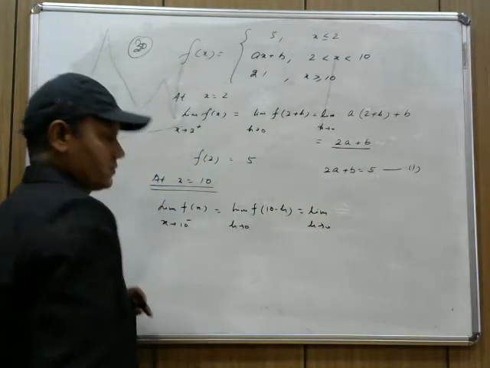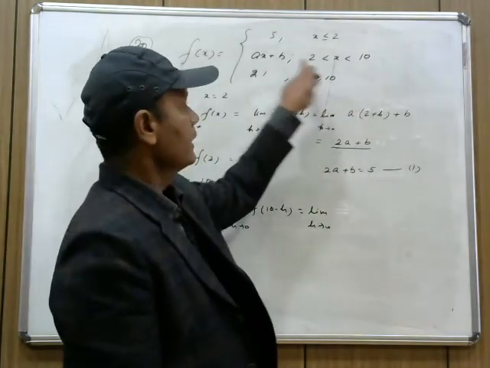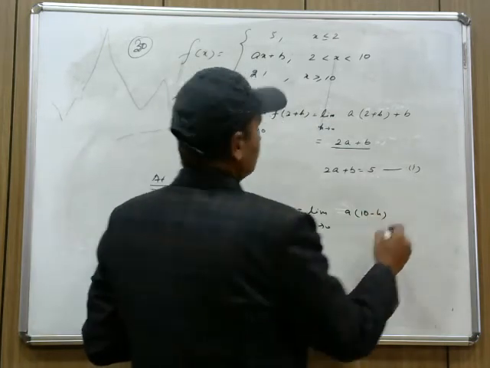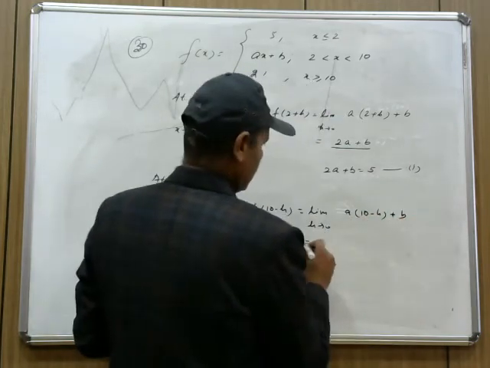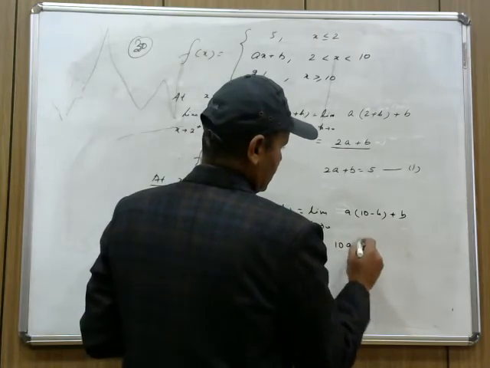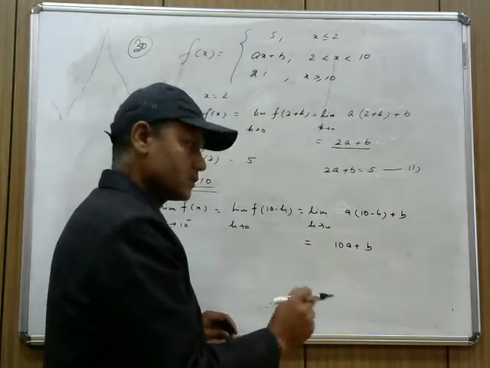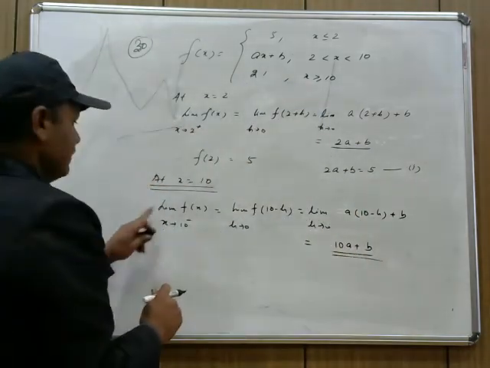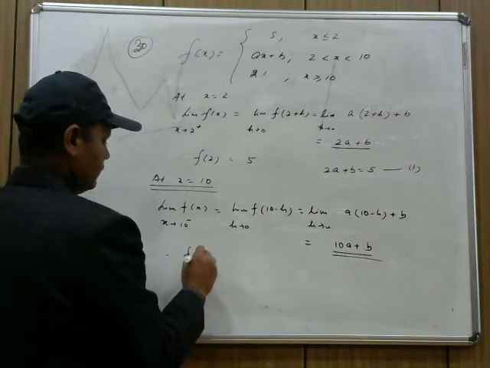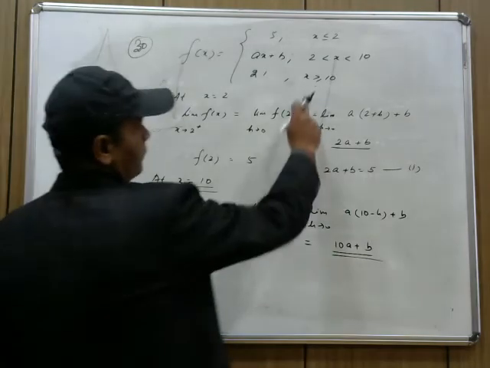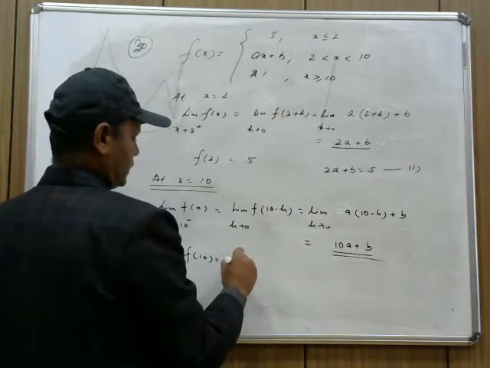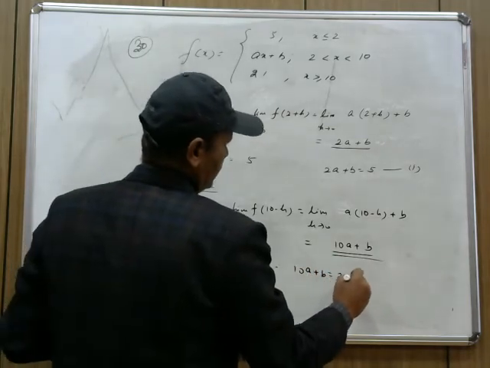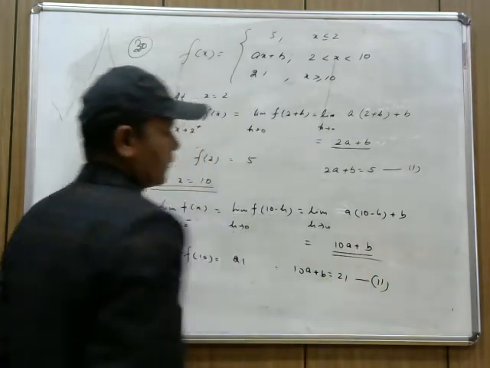Here x is less than 10, again the same function, a times (10 minus h) plus b, and that will give you 10a plus b, because h tends to 0. Now f of 10, for x greater than or equal to 10, is 21. It implies that 10a plus b is equal to 21. This is the second equation. Got my point or not?